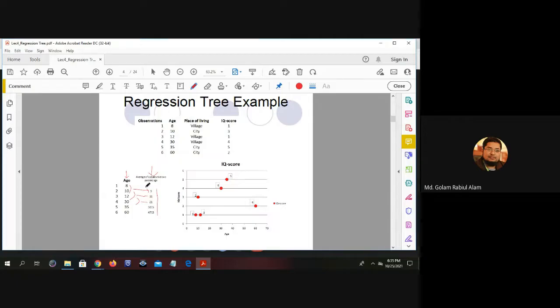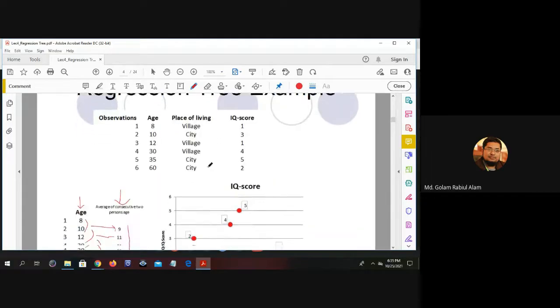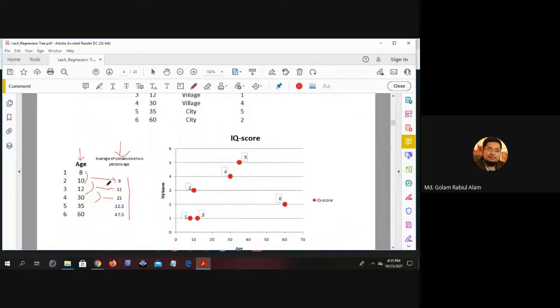And then what we have to do: the average of consecutive two persons. So now next step, I have to find or determine the average of two consecutive ages.